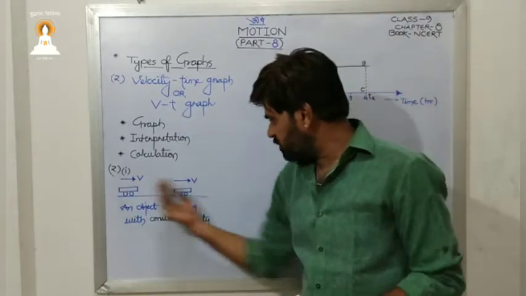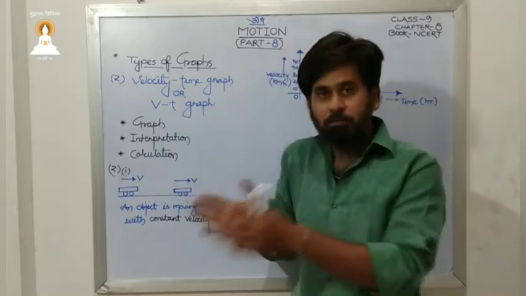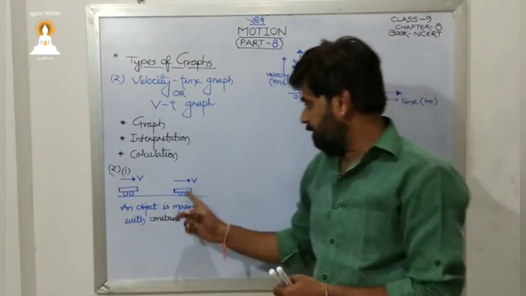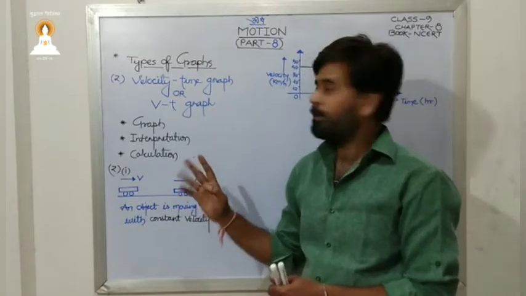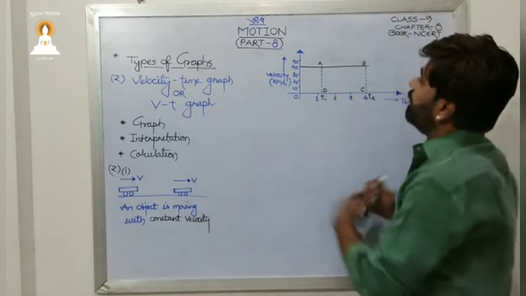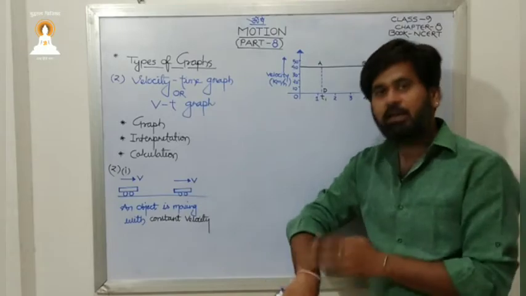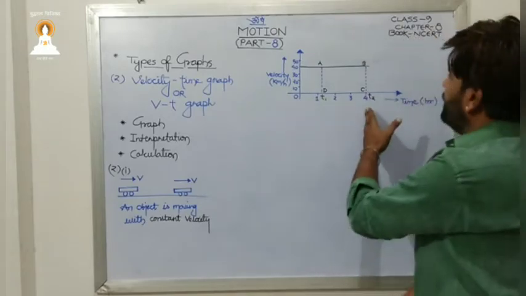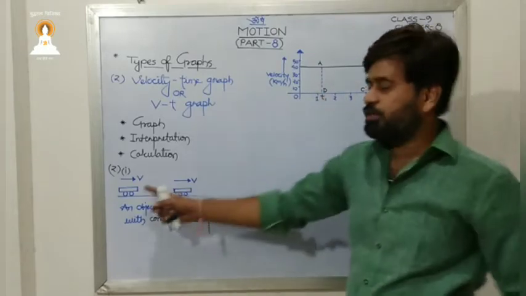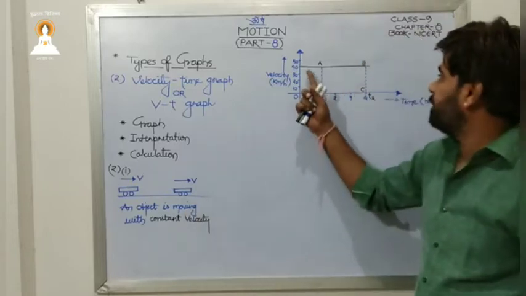Throughout the journey, till we observe it, it will move with 40 km per hour. So according to that, after passing 1 hour, 2 hour, 3 hour, 4 hour, up to 4 they have given, the velocity was constant. That's why the graph is like this.